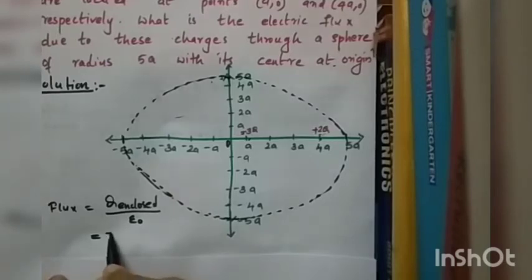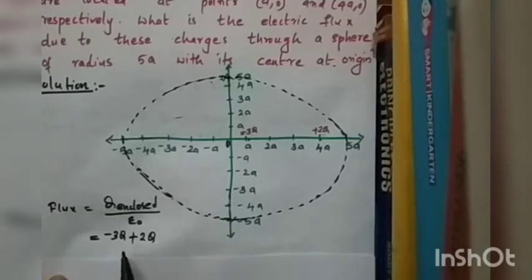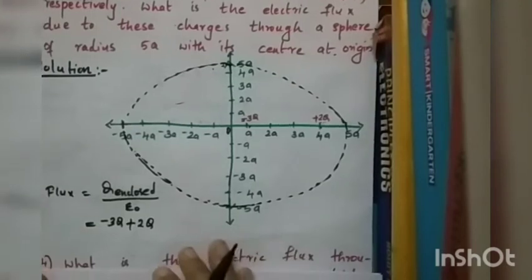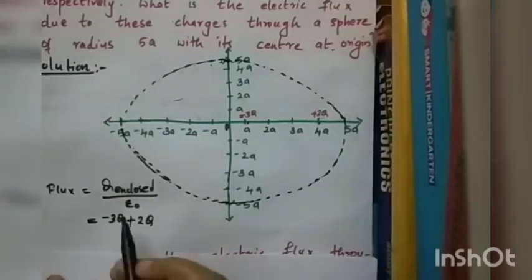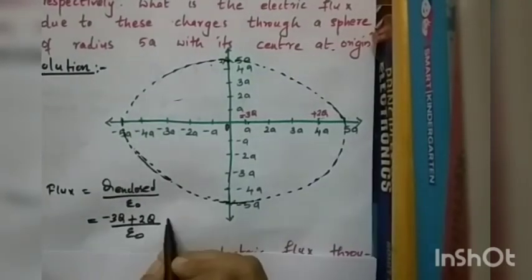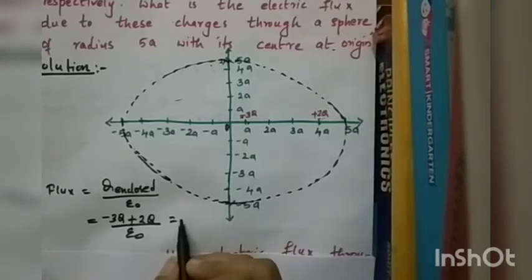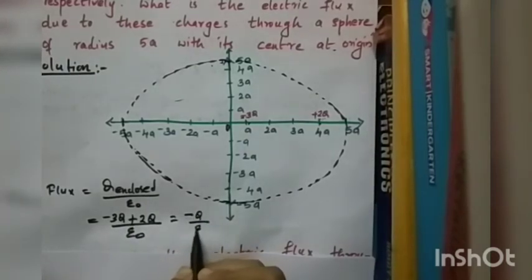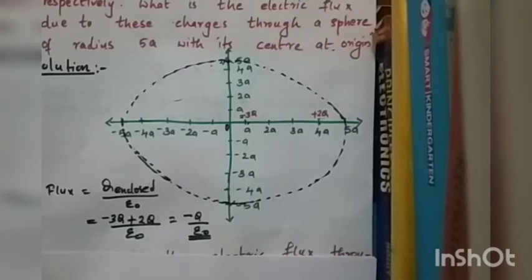Two charges, minus 3Q and plus 2Q. So this is the total charge enclosed by that sphere, divided by epsilon naught. And minus 3Q plus 2Q is minus Q. So what is the total flux through this sphere? It is minus Q by epsilon naught.